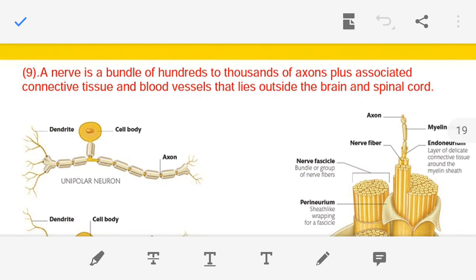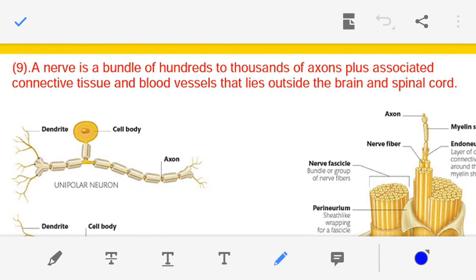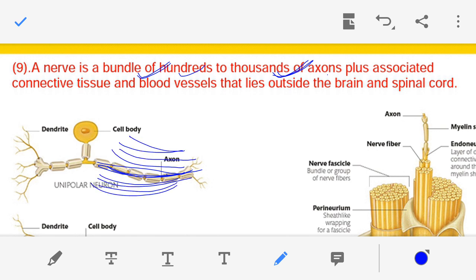Now what exactly is the nerve, what is the nerve made up of? The nerve is actually a bundle of hundreds to thousands of axons. Let's say for example this axon, and many axons of this kind are very close to each other, and they make a bundle.